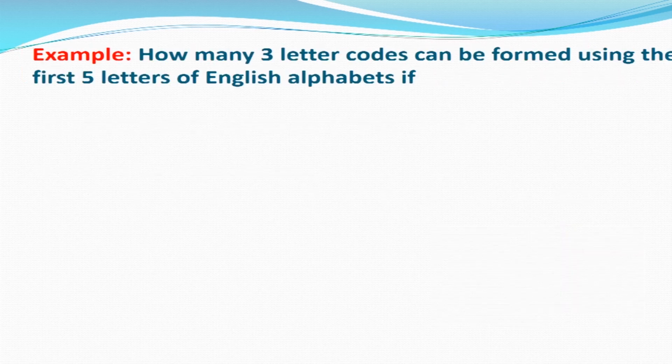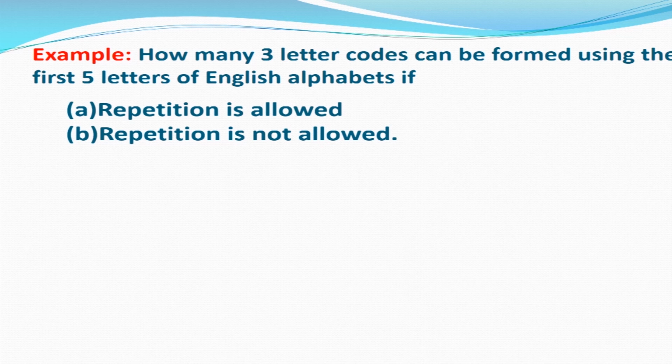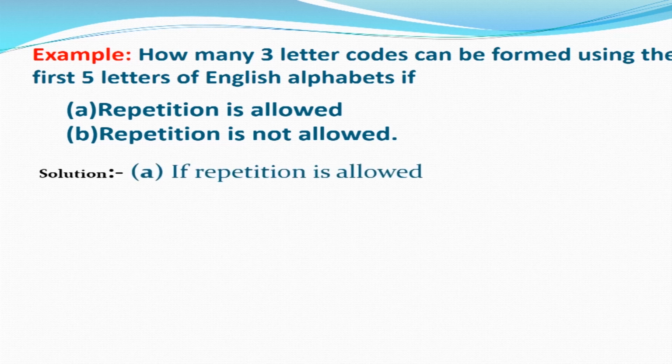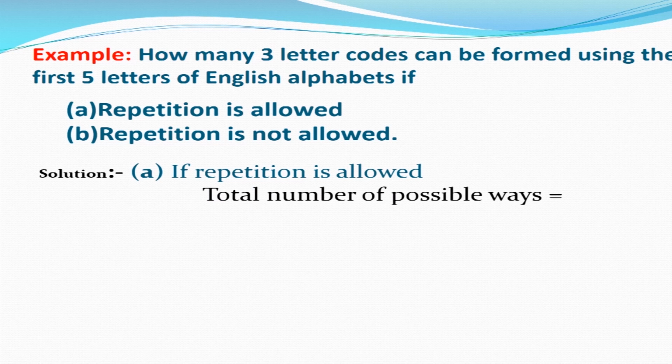Let's take one more example. How many 3-letter codes can be formed using the first 5 letters of English alphabet if repetition is allowed and repetition is not allowed? In solution, let's find first total number of possible ways if repetition is allowed.